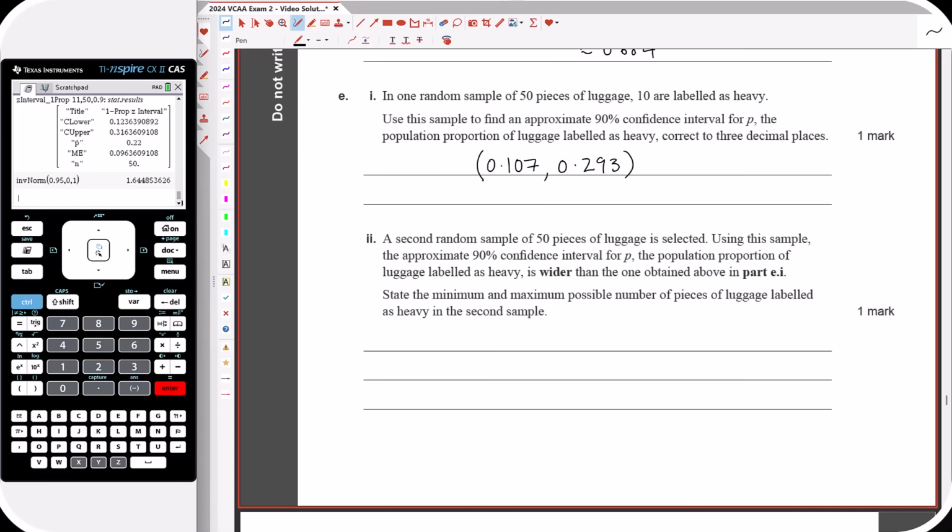Okay, so that's my number outside the square root in the margin of error. So the margin of error is going to be, sorry, no, it's not those values, is it? It's the 10 on 50 and 40 on 50, so 1/5 times 4/5.